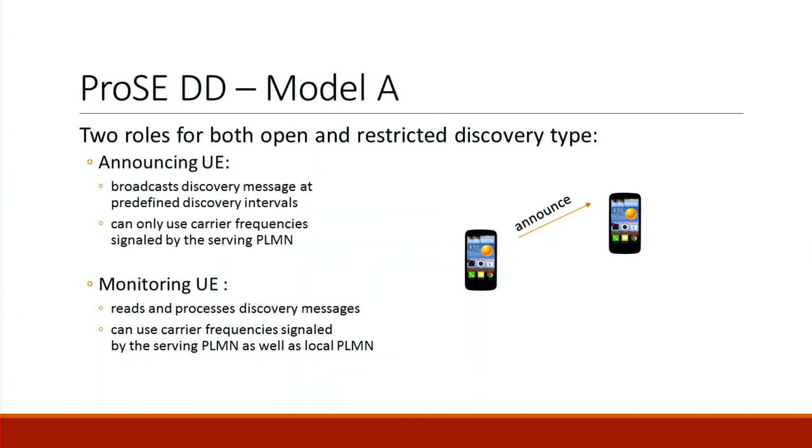To be precise, the terminology that I will introduce later is resource pools. The announcing UE can only announce its presence on its own operator's resource pools. That makes sense, because you are using your operator's frequencies.